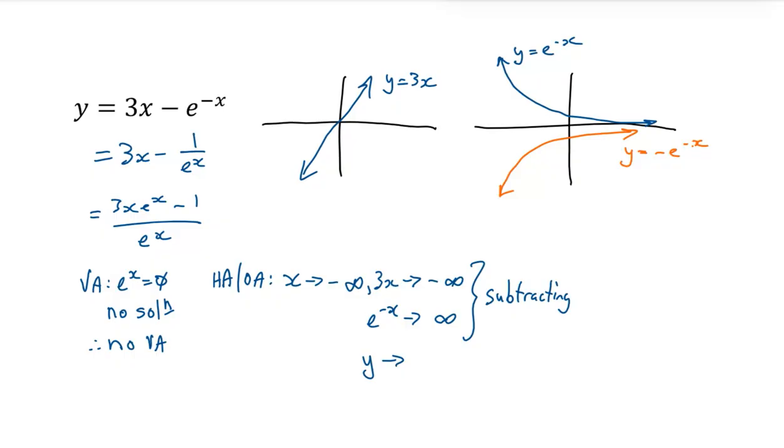Yep. Approaching negative infinity. And what is e to the negative x? So again, I chose the top one, the blue graph. What is it doing, Maya? It's going to positive infinity. But you're subtracting. So you've got negative infinity, and you're subtracting infinity. What do you think is happening? Jade? It's going to negative infinity.